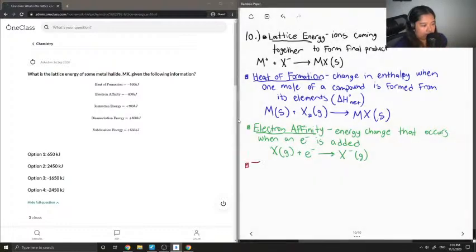So similarly, you can also have ionization energy. Some people like to see this as the opposite of electron affinity, because this is the amount of energy needed to remove an electron from an atom.